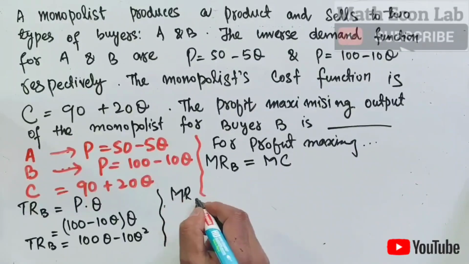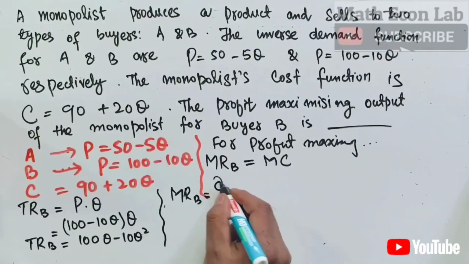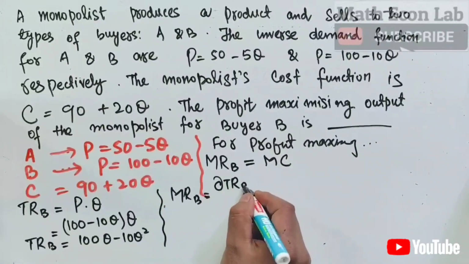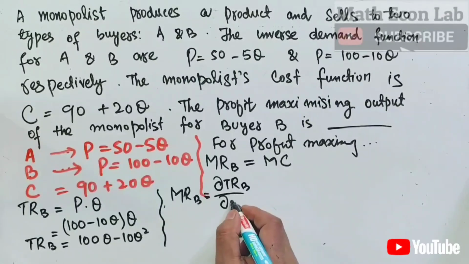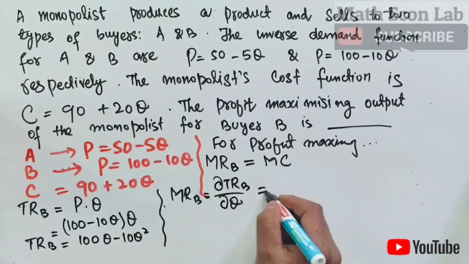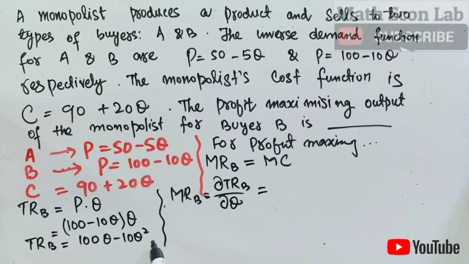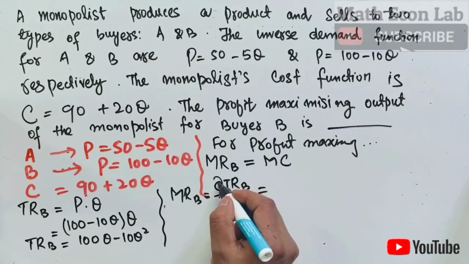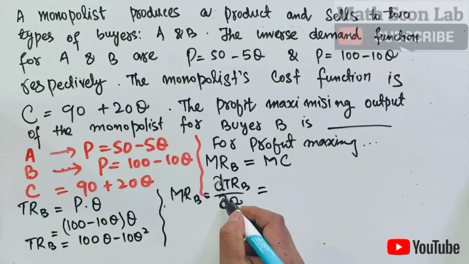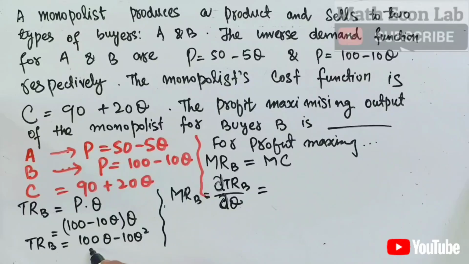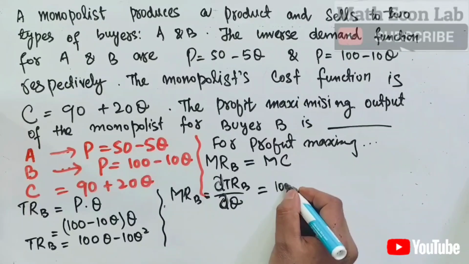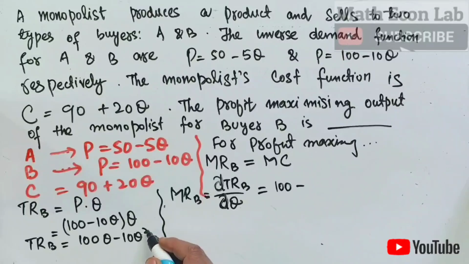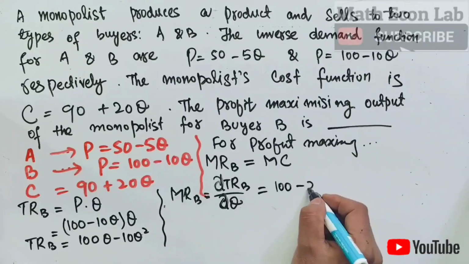Marginal revenue for buyer B will be equal to the derivative of total revenue for buyer B with respect to output. We use the simple derivative, not partial, here. So we differentiate with respect to Q. Derivative of Q is 1, so we are left with 100, minus the derivative of Q square, which is 2Q, so 2 into 10 is 20Q.